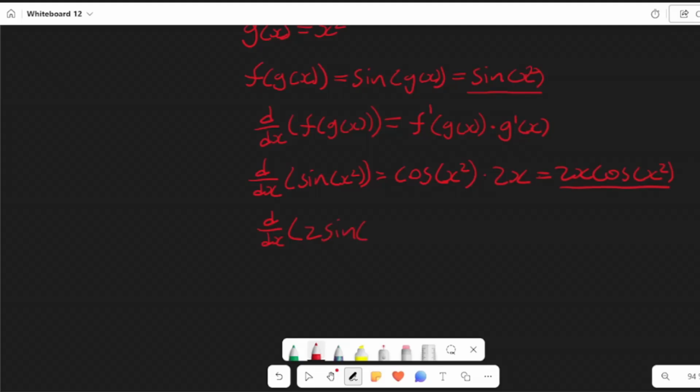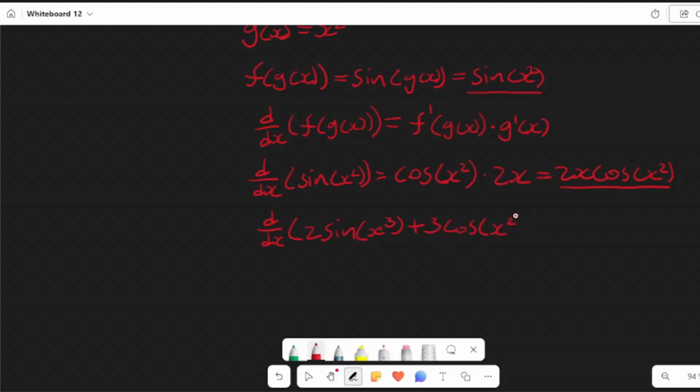So how about we have the derivative of 2 sine of x cubed plus, let's say, 3 times the cosine of x squared.